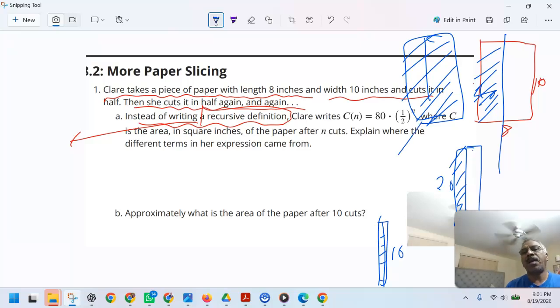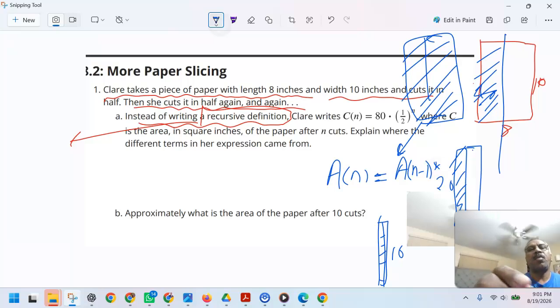So last time we saw the area after n number of cuts equals the previous area, n minus 1, multiplied by half.